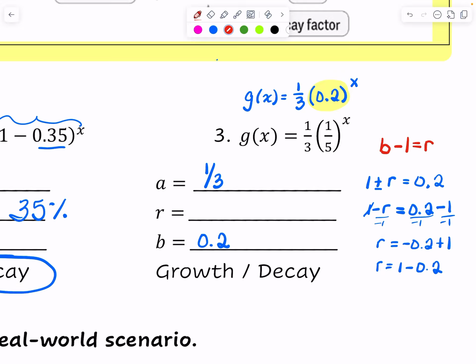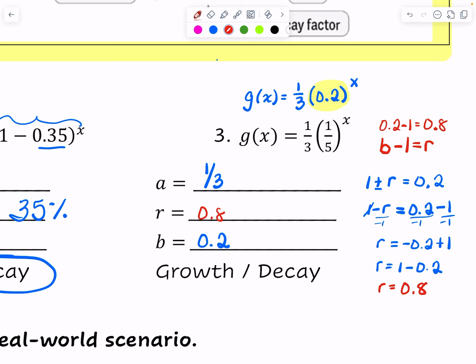So B minus 1 is equal to 0.8. Now here, if I had R and I did 1 minus 0.2, that is 0.8.